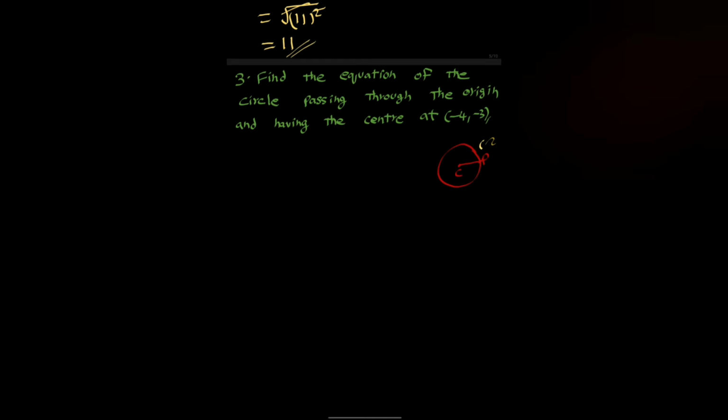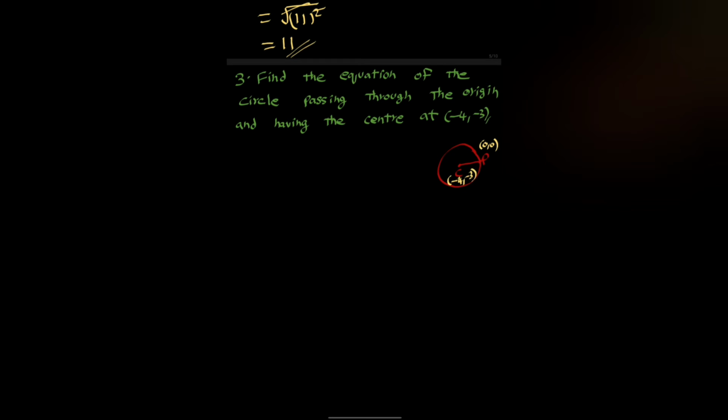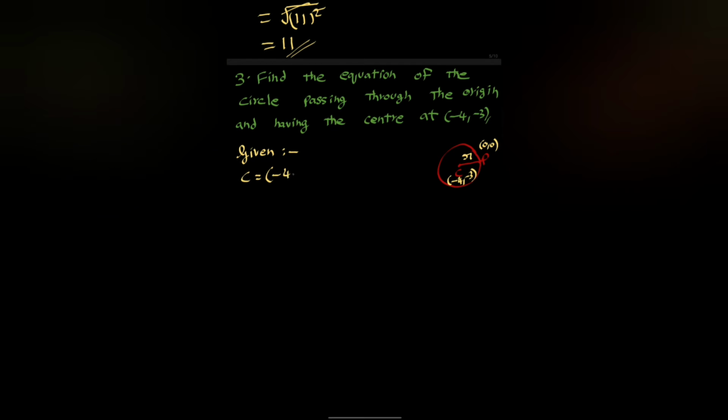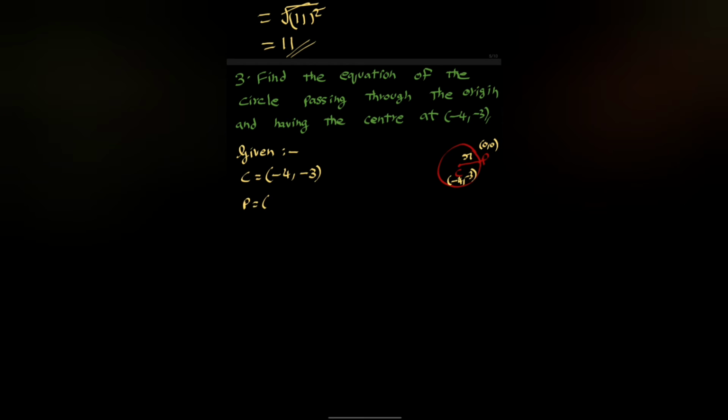So at P it is 0 comma 0 and at C it is minus 4 comma minus 3, and we know that CP is equal to R. So the solution is given C equal to minus 4 comma minus 3 and P equal to 0 comma 0, and we know that R is equal to CP.